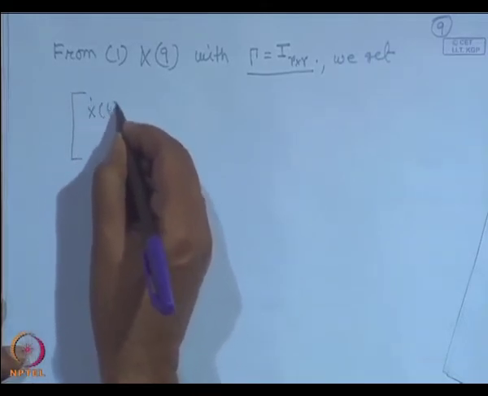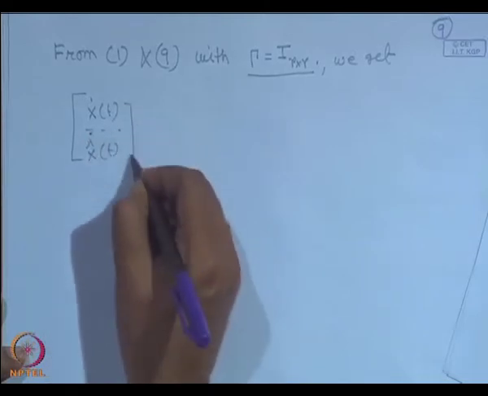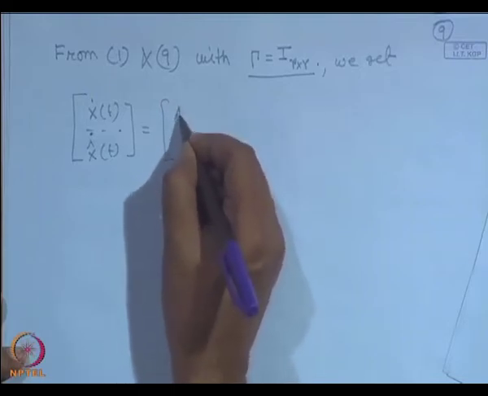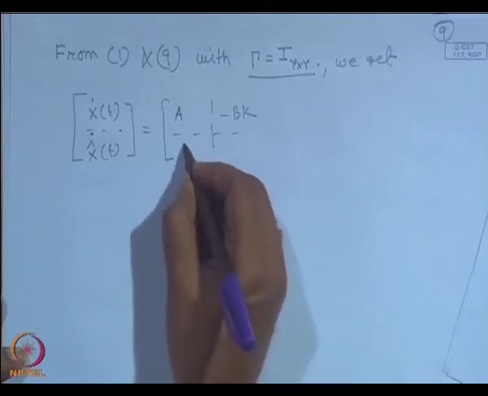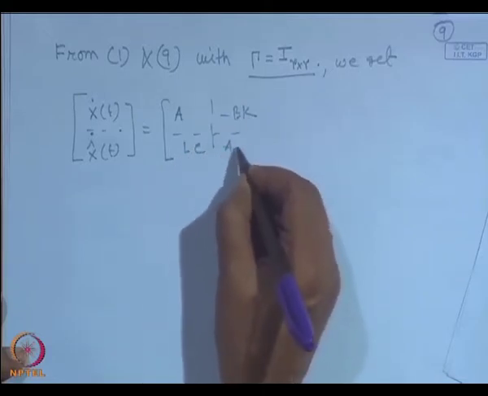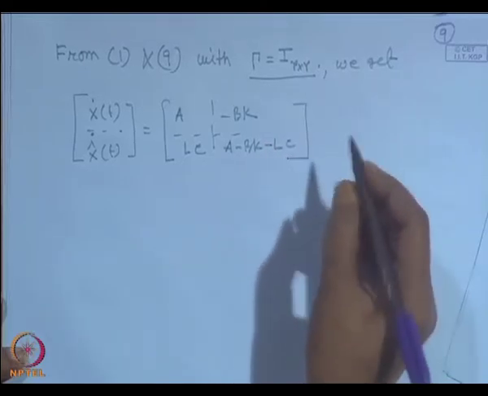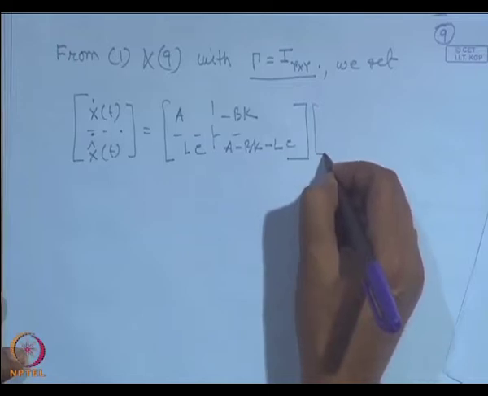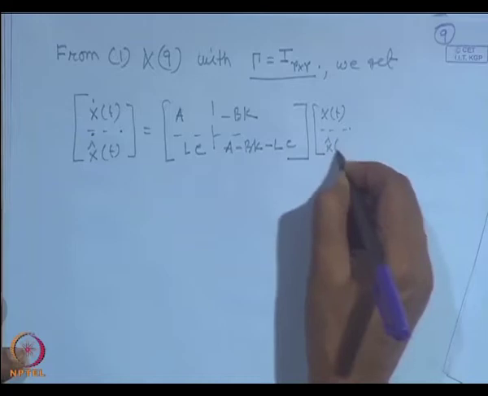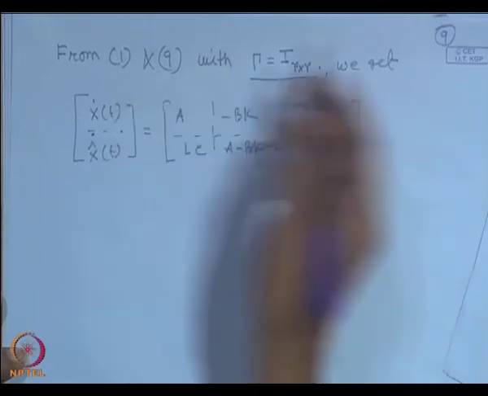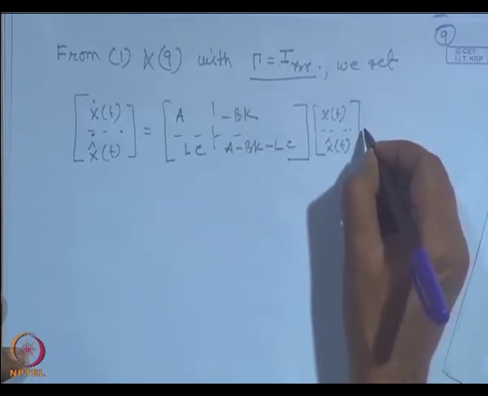x dot of t and x hat dot of t is equal to A minus B k, L C, A minus B k minus L C, from 1 and 9, only gamma you have replaced by identity matrix, plus.